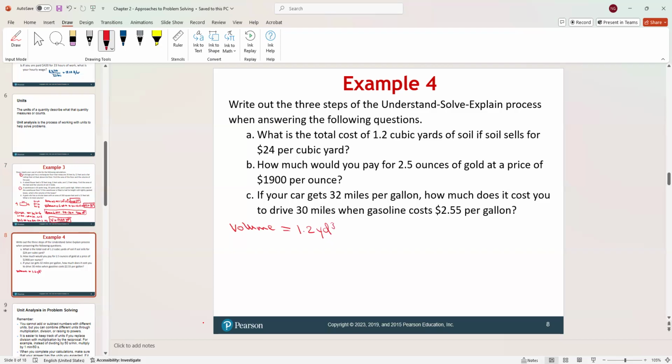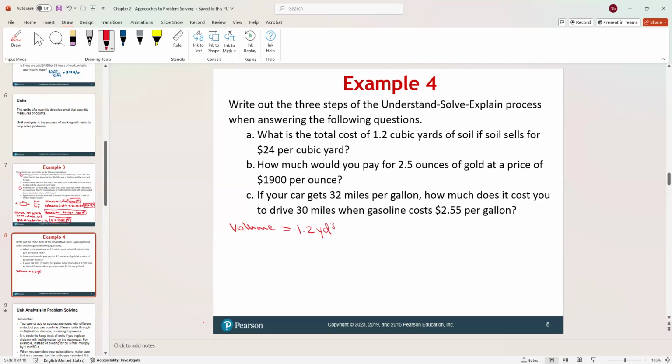So what is the total cost of 1.2 cubic yards of soil if soil sells for 24 dollars per cubic yard? So, if 1 cubic yard costs $24, you only need to look for the price for 1.2. What would you do?